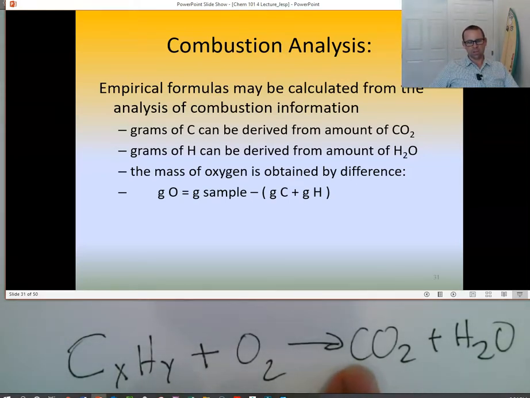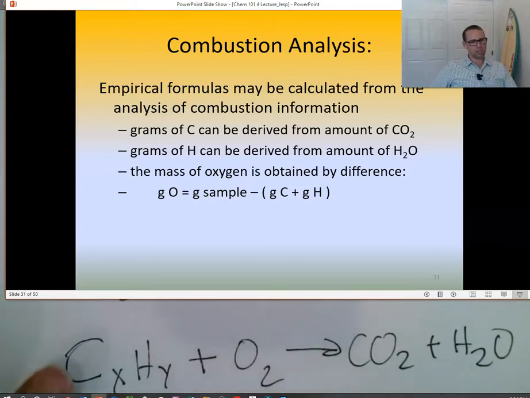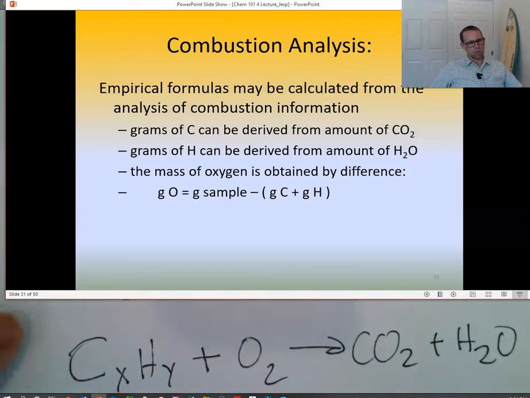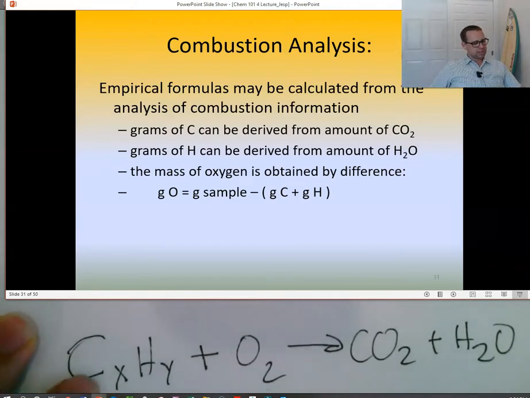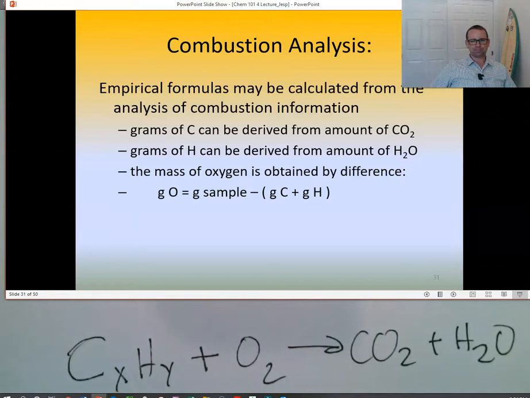And because the carbon in this reaction all came from this spot, if we know the moles of carbon over here, we know also the moles of carbon over here. And we can calculate the empirical formula, because that's what the empirical formula is, an expression of the moles of the different elements in a compound. Okay?